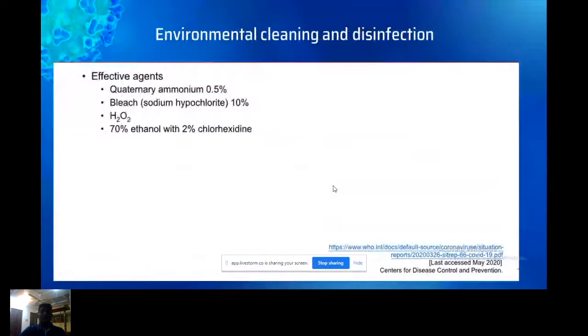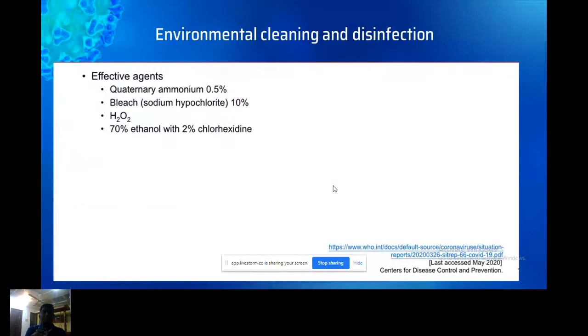So now there are different environmental cleaning and disinfectant solutions available. The most effective, which I am going to talk about in detail, is the quaternary ammonium. Okay, this quaternary ammonium is used in fogging. We are going to talk about fogging. Okay, what is fogging? The quaternary ammonium solution is the best way.